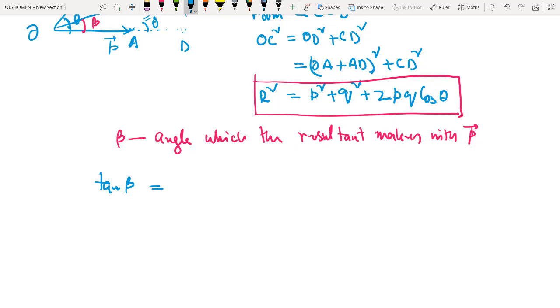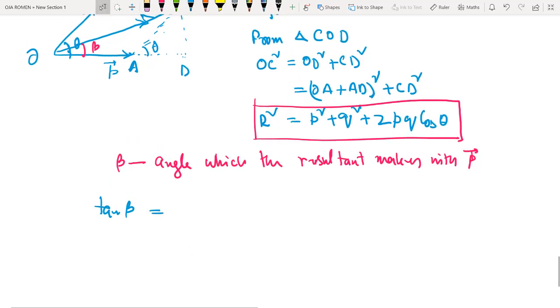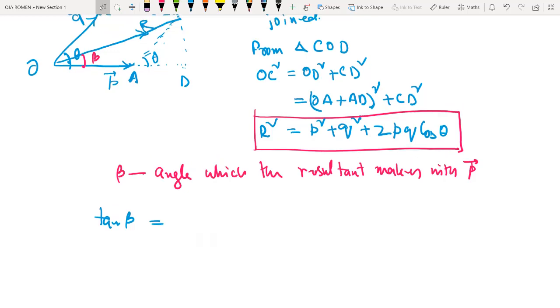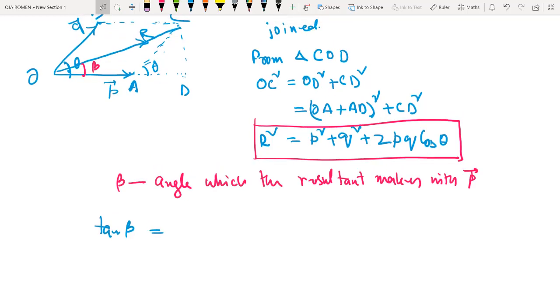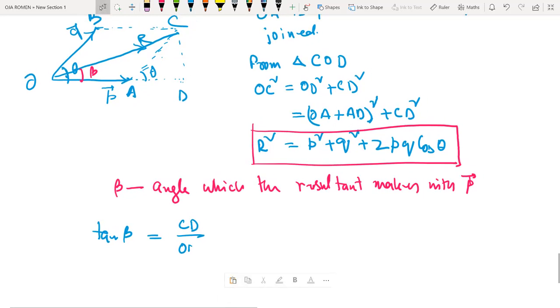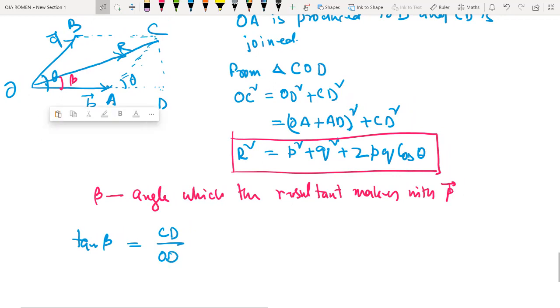Tan beta is CD by OD equal to CD divided by OA plus AD.